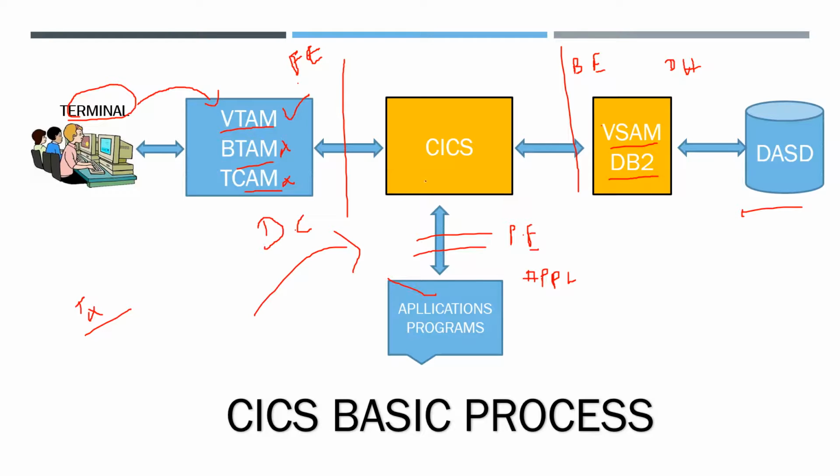In CICS, the transaction is processed using application programs. Since the user requested the database, the application program will invoke the database and access the user requested data, and that data will be brought to CICS. From CICS, the data is brought to the terminal user, and the user receives the requested data.